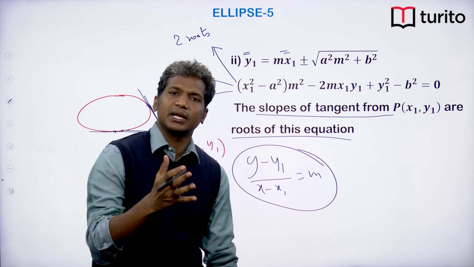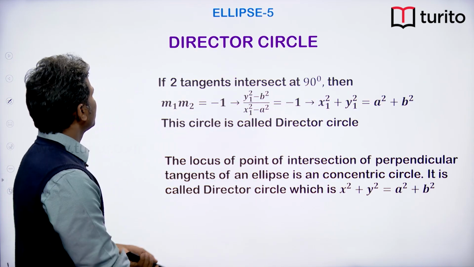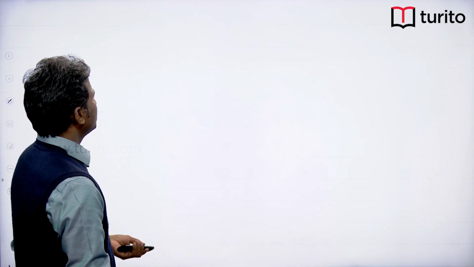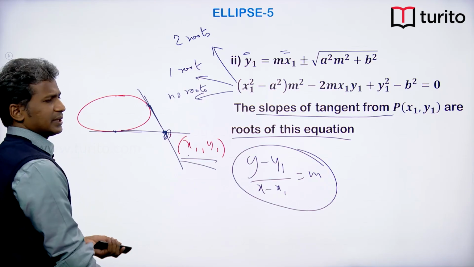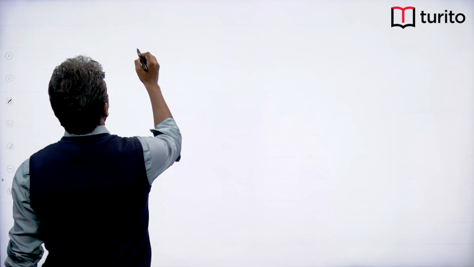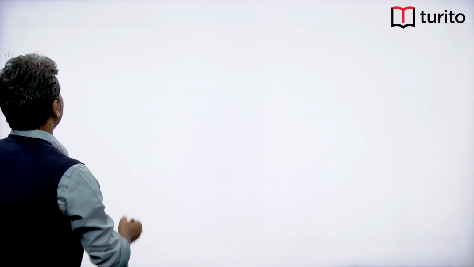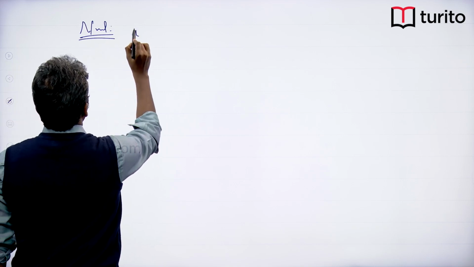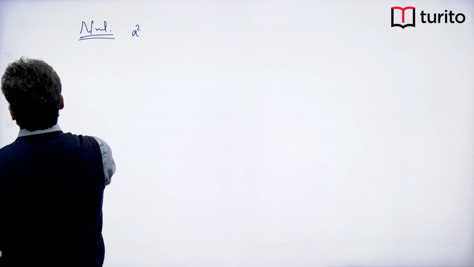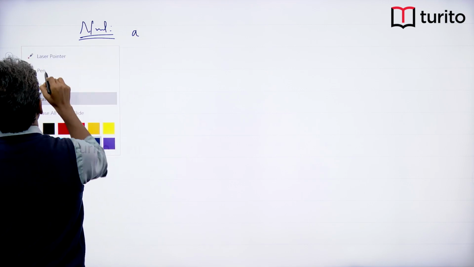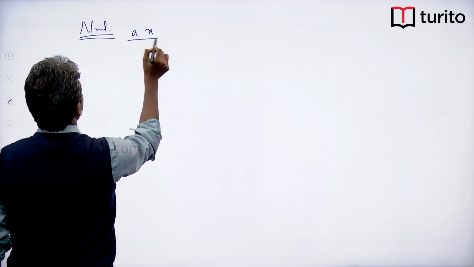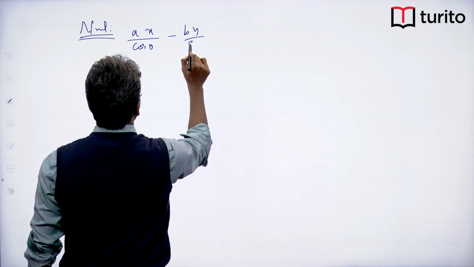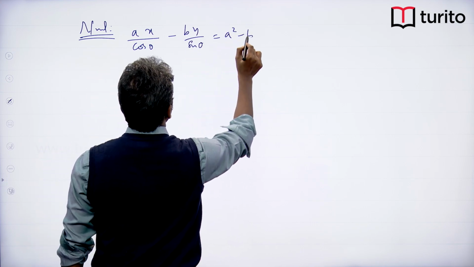Now let us do a similar analysis for normals also. Let us say for normals also we want to do the same thing. Then we have this equation of normal in parametric form: ax by cos theta minus by by sin theta is equal to a square minus b square.